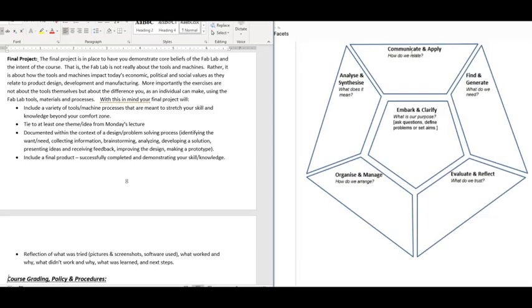As I take a look at the assignment, I'm going to start by looking at my description. When I take a look here, the final project asks students to demonstrate the core beliefs of the Fab Lab and to really not focus on tools and machines, but rather to look at the impact that these machines and technologies have on the economic, political, and social values that are related to product design.